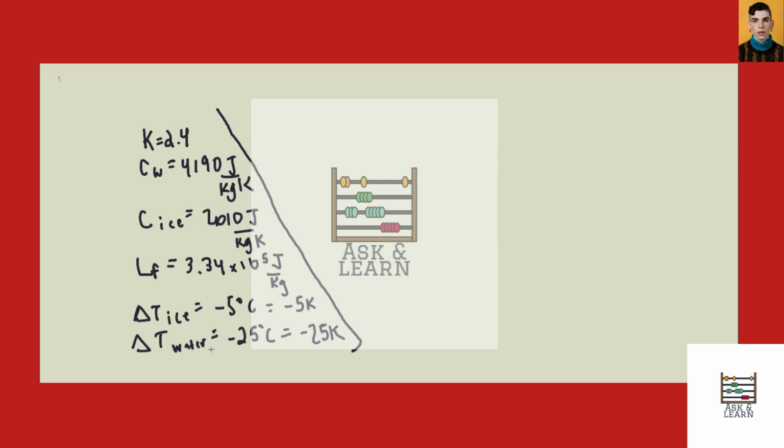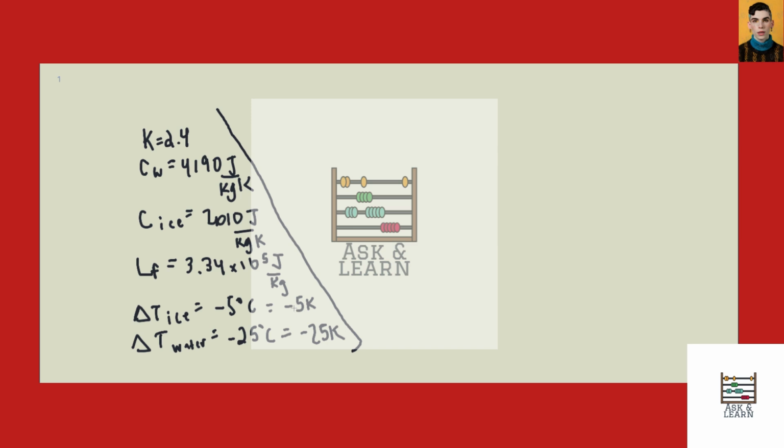And then finally, I want to just note the change in temperature of the ice. So maybe it's better to read water first. The change in temperature of the water is minus 25 degrees C because we start at 25 and we want to take it to 0. So we need to figure out how much heat is lost in that process. Then we'll do the phase transition and figure out how much heat is lost in that process.